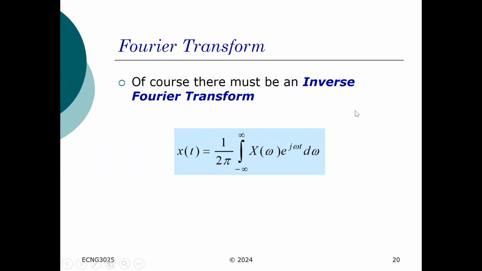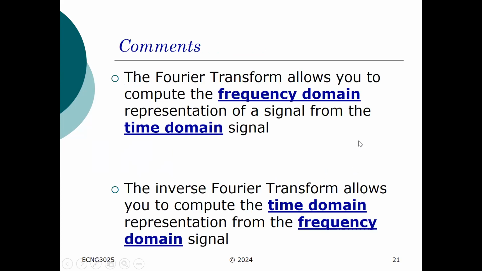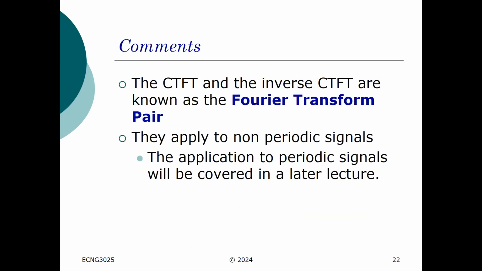So the inverse Fourier transform takes a spectrum and gives you back time. Doing the integration is not particularly easy, as we saw. But in general, the Fourier transform allows you to compute the frequency domain from a time domain signal, and the inverse transform allows you to compute the time domain from the frequency domain signal.